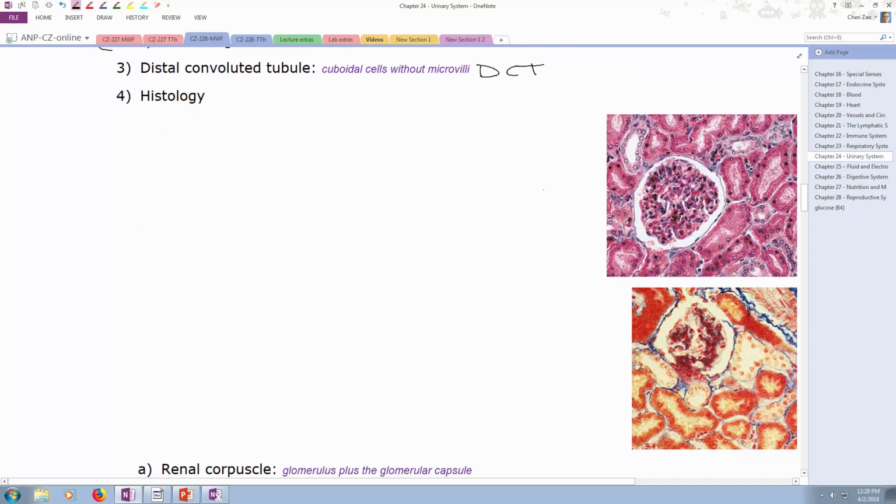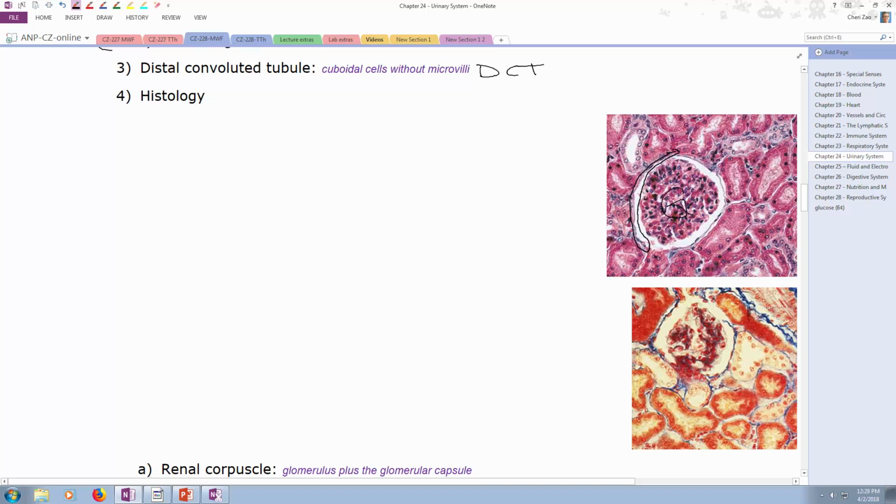Way off to my side here, I have two different histology views of a glomerulus and therefore its corpuscle and the tubes and all that type of stuff. So take a look at the parietal layer of the capsule, and how would you describe those cells just by looking at the histology there? Simple squamous epithelium. Okay.